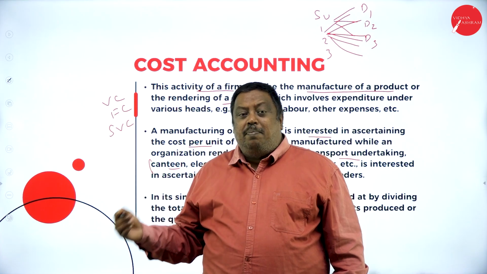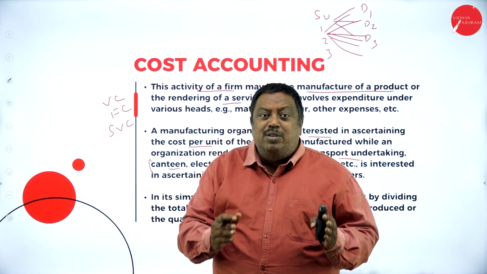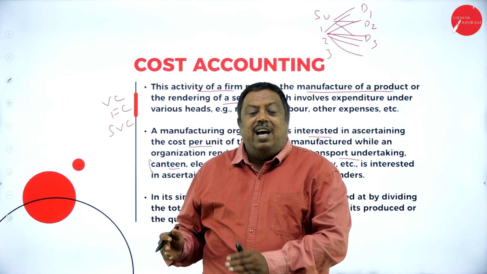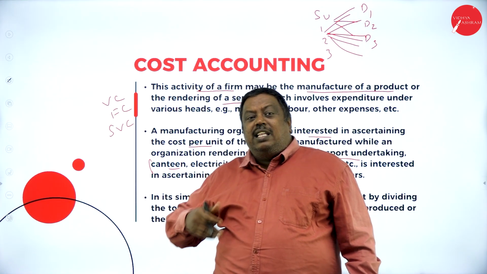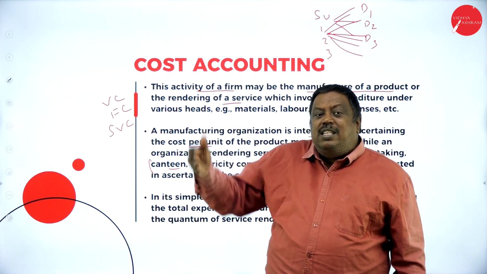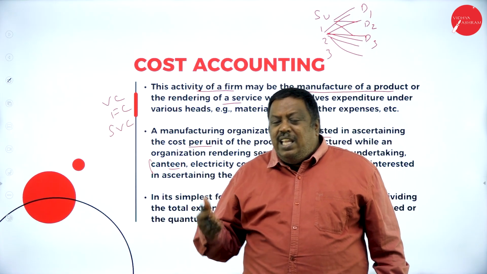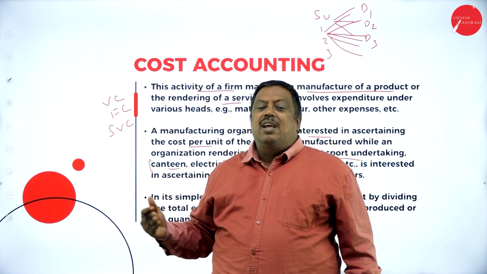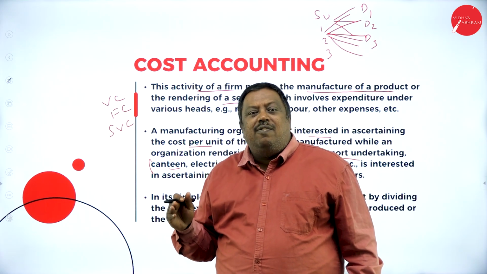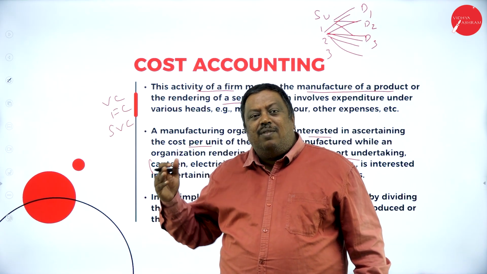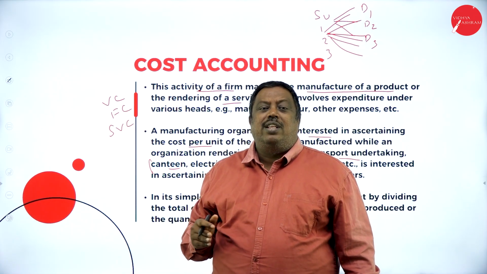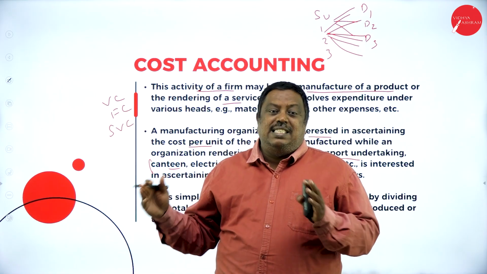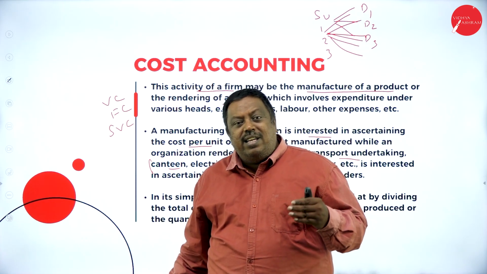How many plates can be prepared with this amount of batter, and how much gas will be incurred? After considering all the elements, we fix the price. Each idli is sold for 15, where the actual cost of the idli is 8 rupees. So 7 rupees is the margin of the idli that they get. This is an example we're giving.